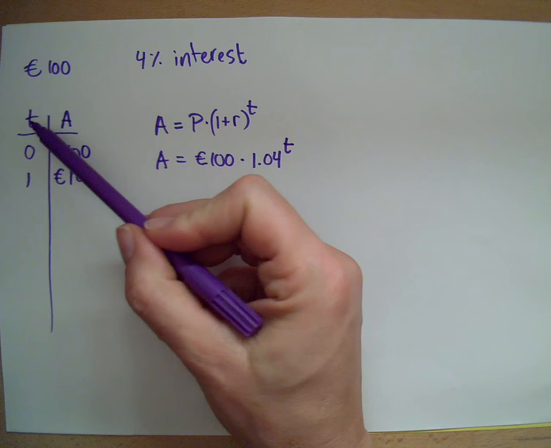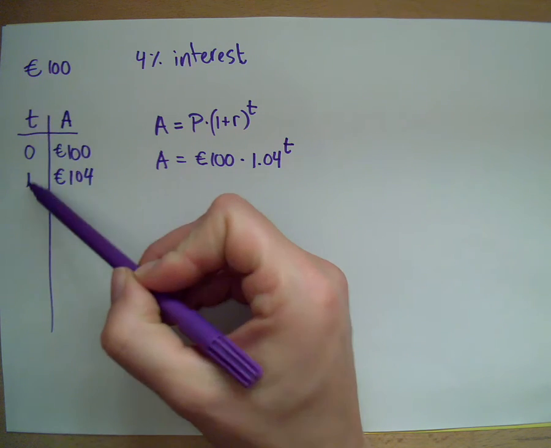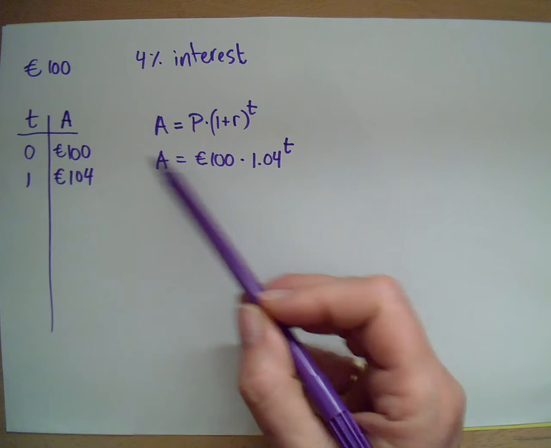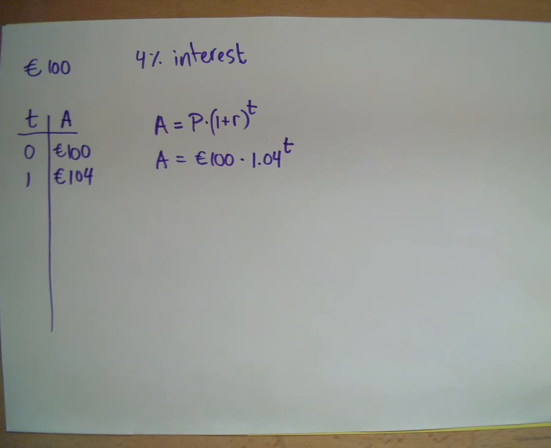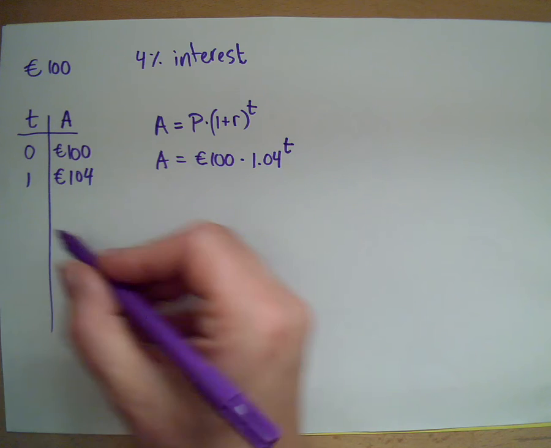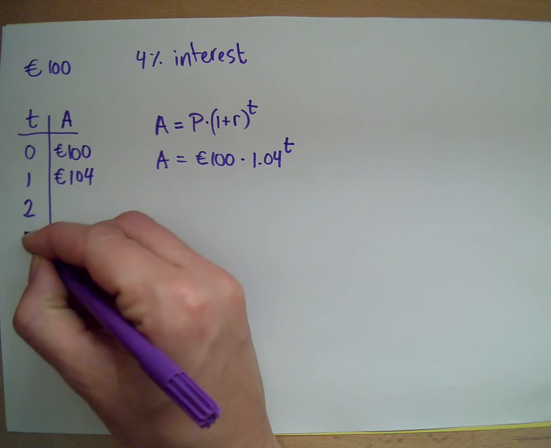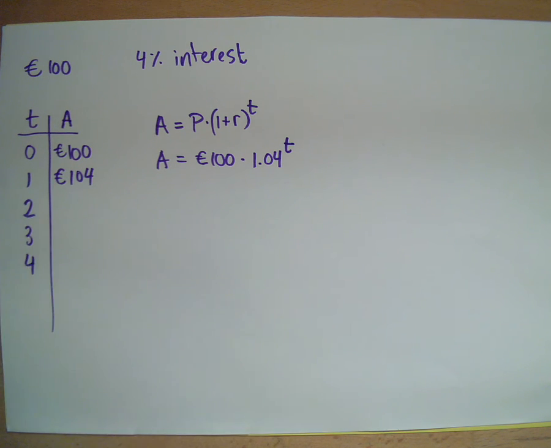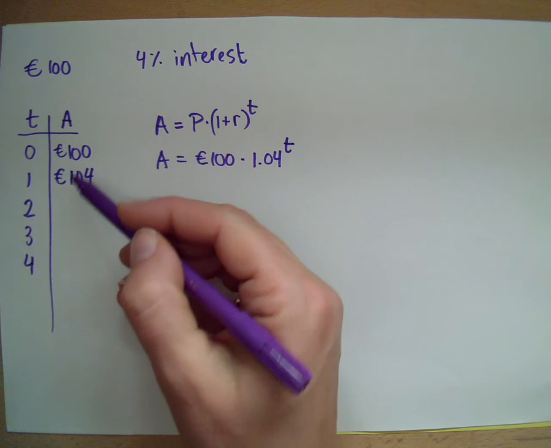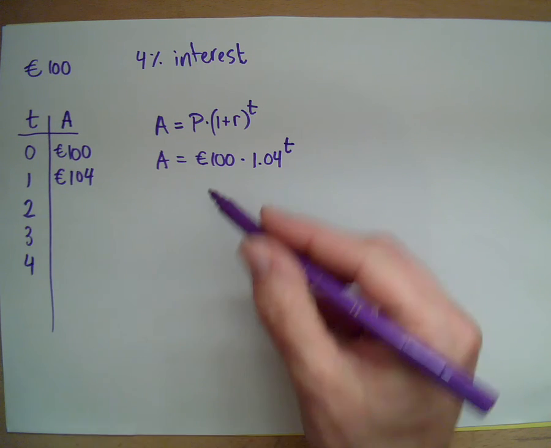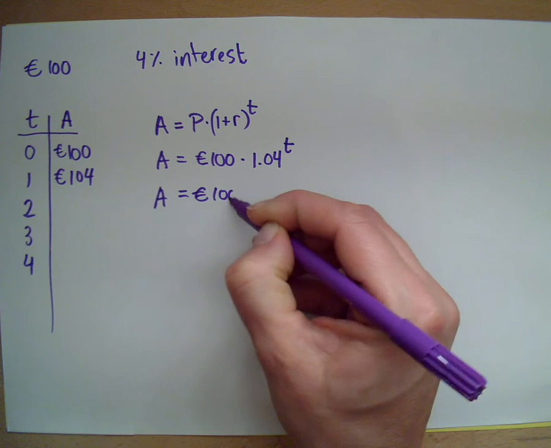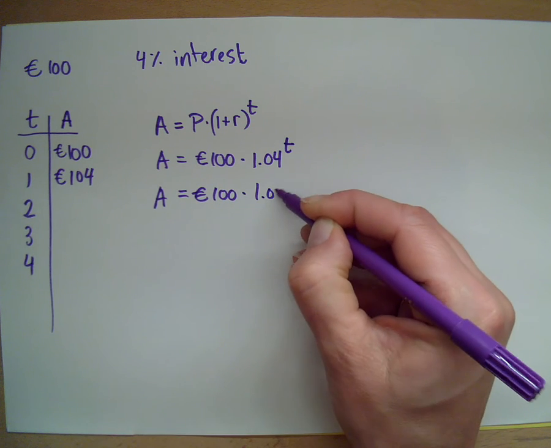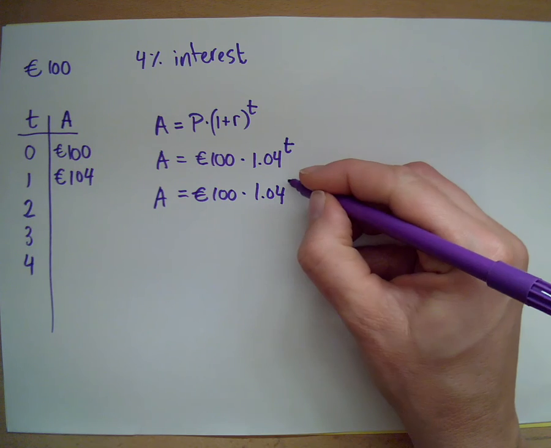So t is like our x value, right? T is what goes into the function, and A is what comes out, our new total amount. All right, so we can find the amount of money we have in the bank after 2, 3, 4 years by just plugging in that value for t. So 1.04 to the power of 2.